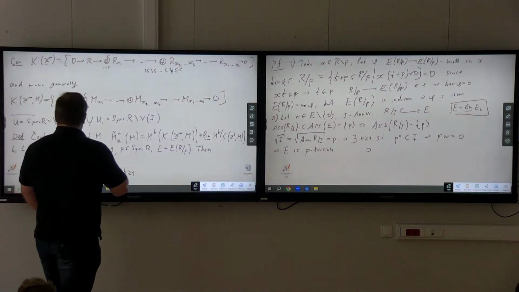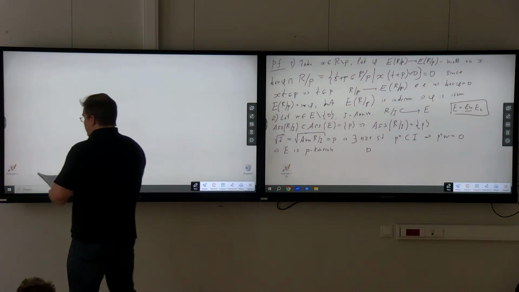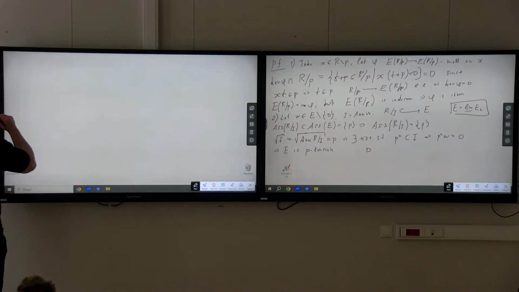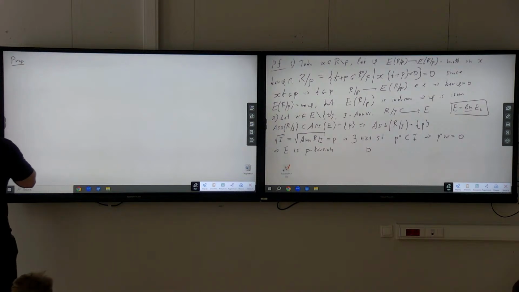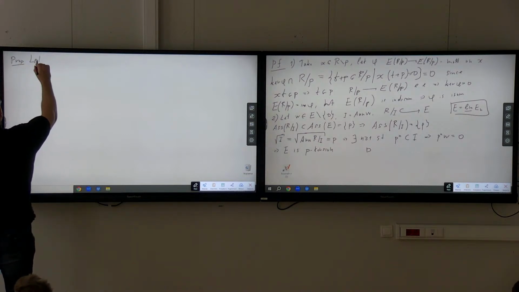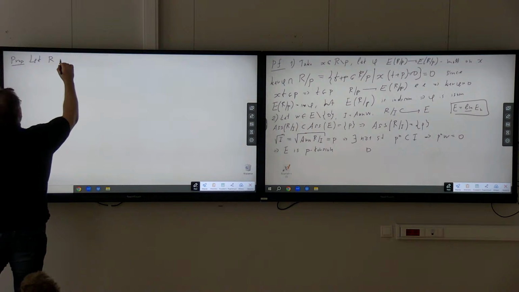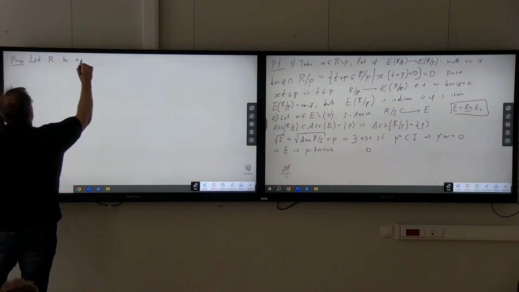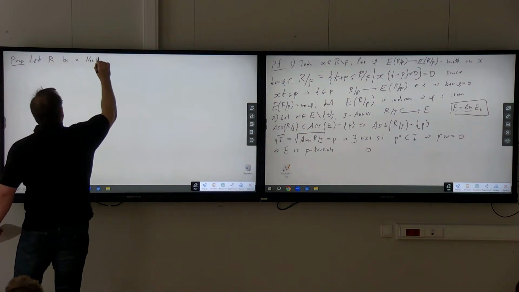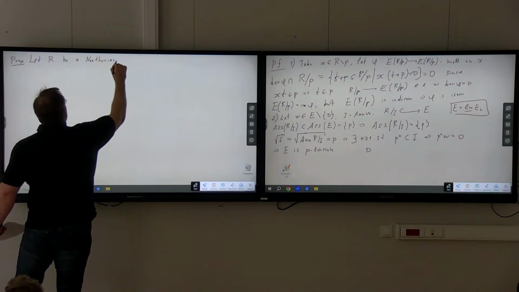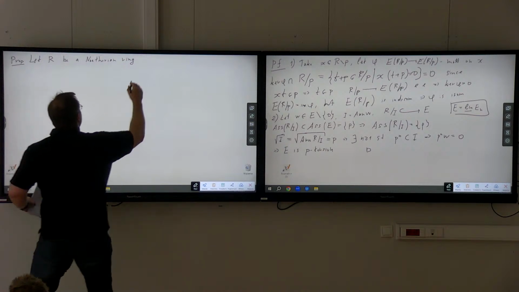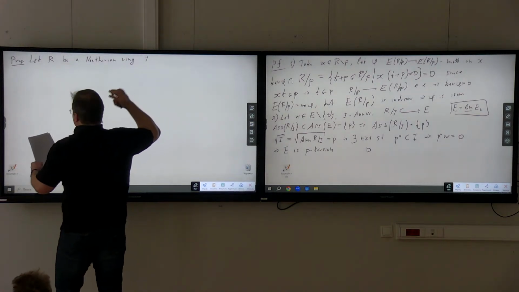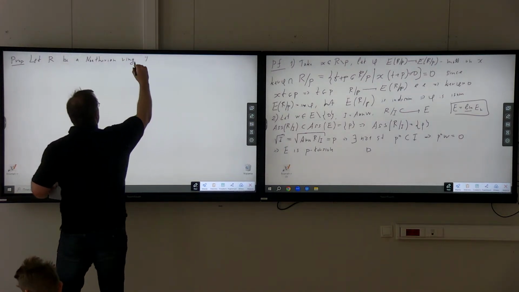And now, proposition. So I'll continue to assume that R is Noetherian. So let R be a Noetherian ring, with the same assumptions as before.